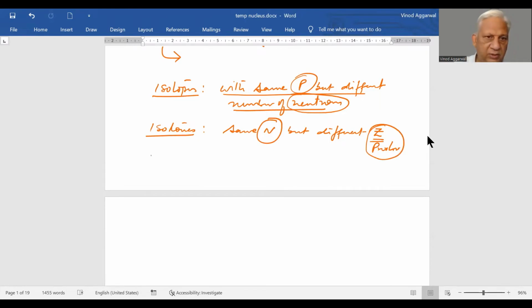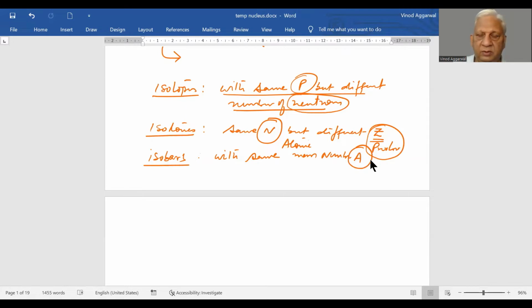Then we have isobars. They are atoms with the same mass number. Mass number means atomic mass number A. All those atoms with equal A are isobars.